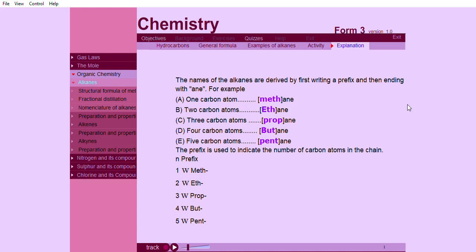The prefix is used to indicate the number of carbon atoms in the chain. The prefixes are: meth, eth, prop, but, and pent.